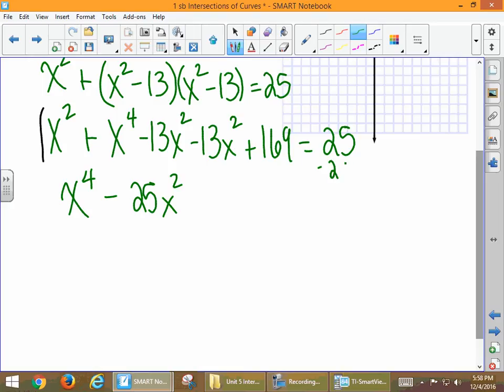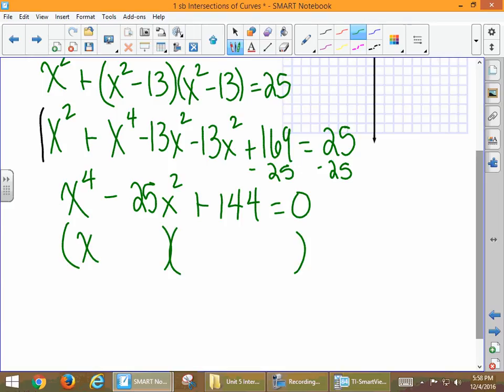And if we subtract 25 from both sides, we get 144. And now we need to factor. Well, x squared and x squared, minus 16 and minus 9 when we factor.